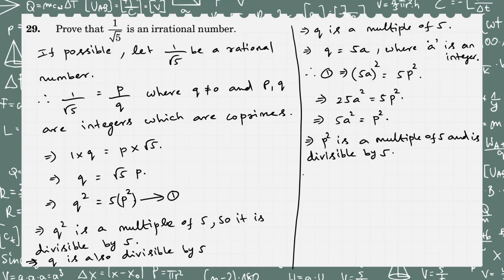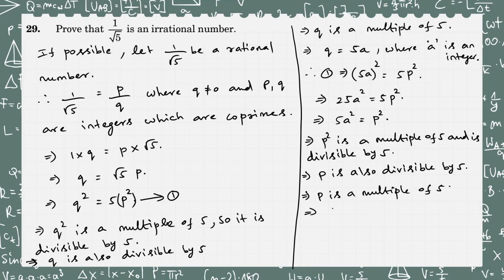Since p square is divisible by 5, p is also divisible by 5. That implies p is a multiple of 5, then only it will be divisible by 5.